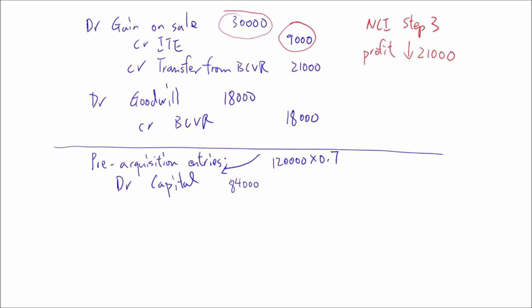And we are going to do the same thing for retained earning as well as general reserve. With retained earning, there will be 28,000. Then general reserve, there will be 14,000. So these three amounts will be very straightforward. After that, we need to look at BCVR. So BCVR will require a little bit of calculation.